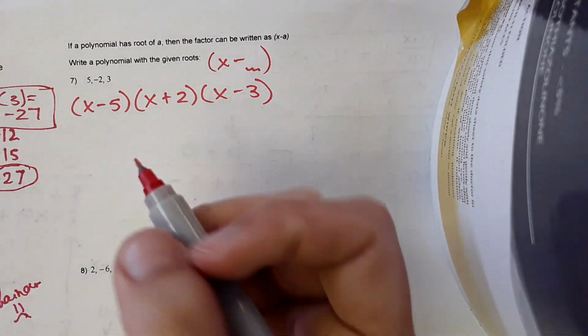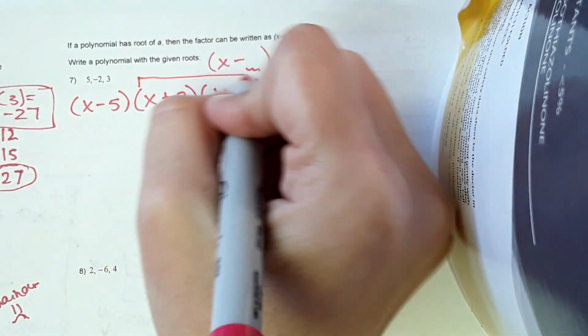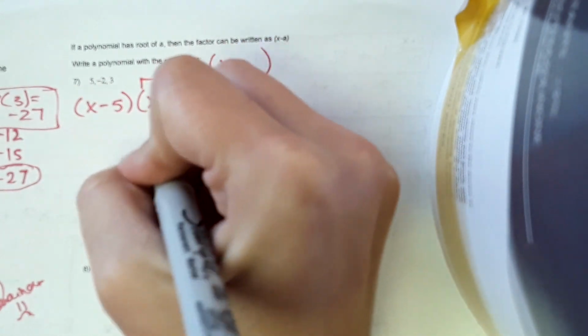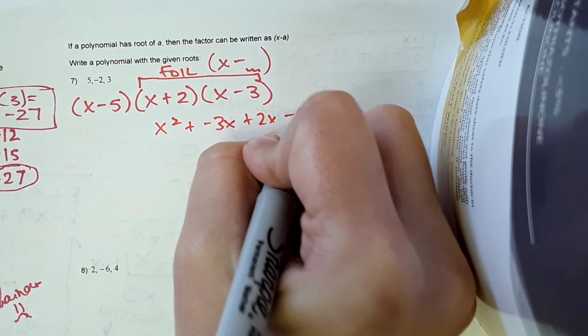Okay, and then from here, we're going to expand it. I'm going to FOIL these two terms to combine them. So first, x squared negative 3x plus 2x minus 6.